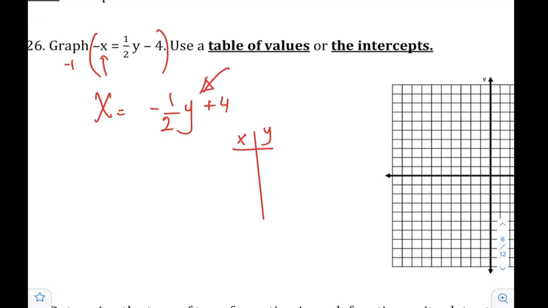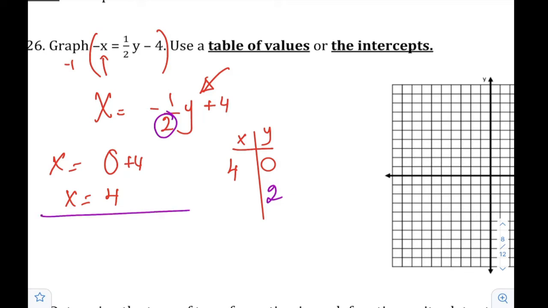So if you assume y is 0, x is 0 plus 4, which is 4. Assume y is 2, and I'm assuming it 2 because I have denominator 2 here, so I will use multiples of 2: 2, 4, or 6.